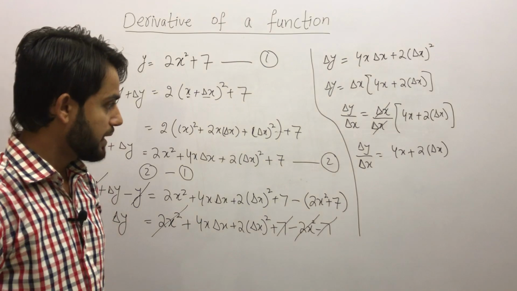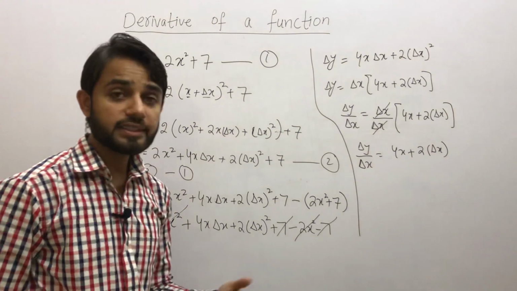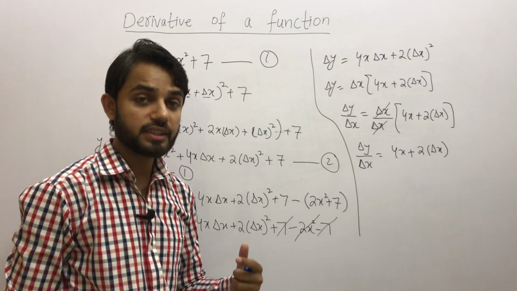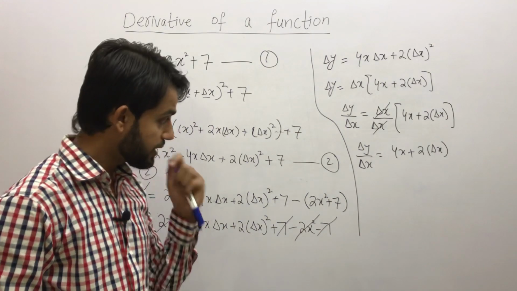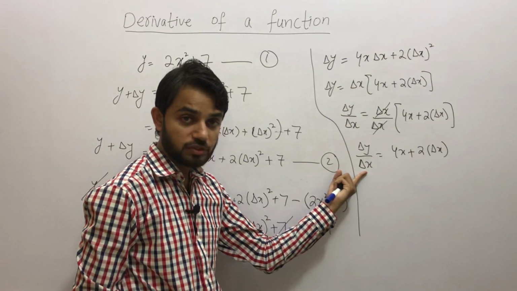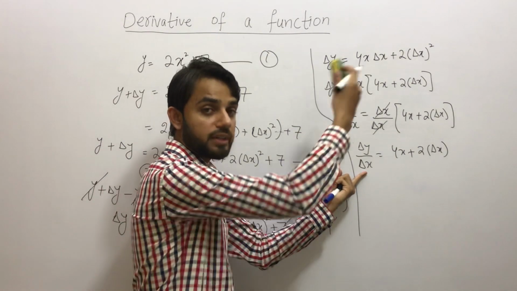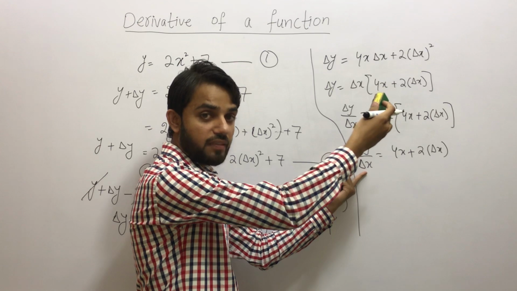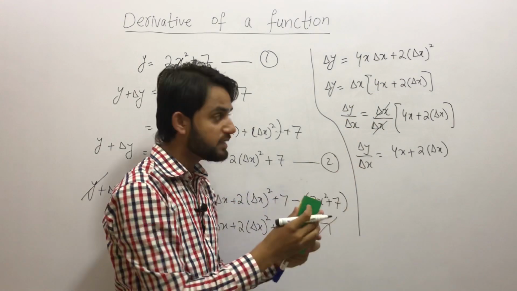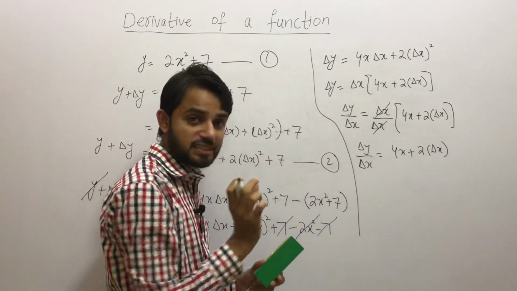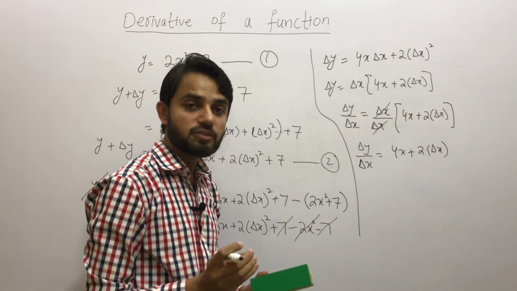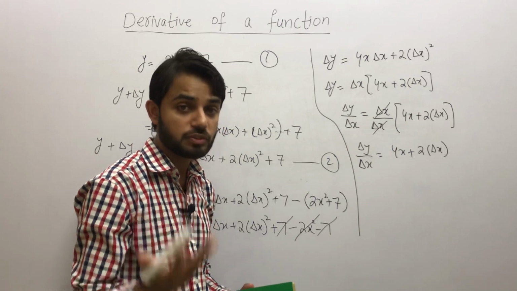Now the slope at any instant means that we are going to find the instantaneous slope. So for that we will apply the limit. Limit would be delta x approaches 0. Like I said, the point B on that graph is coming closer and closer to point A, which means that the distance on the x-axis is becoming smaller and smaller. That is why we take delta x approaches 0.